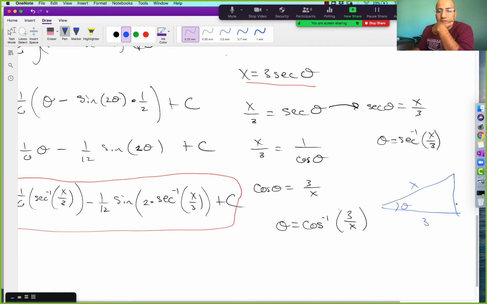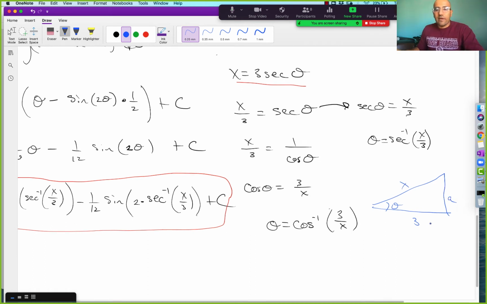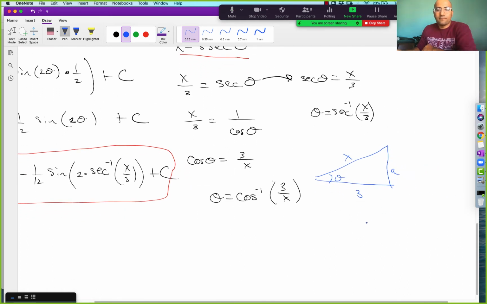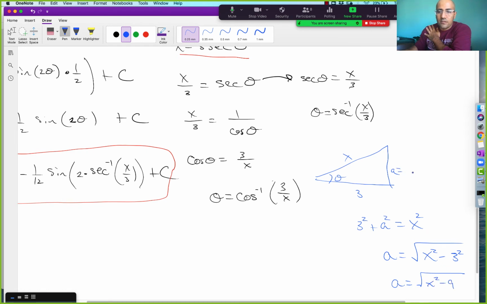And so there'll be a missing value a over there. So 3 squared plus a squared must be equal to x squared. So a must be equal to the square root of x squared minus 3 squared, or a equals the square root of x squared minus 9. So that's what this is.